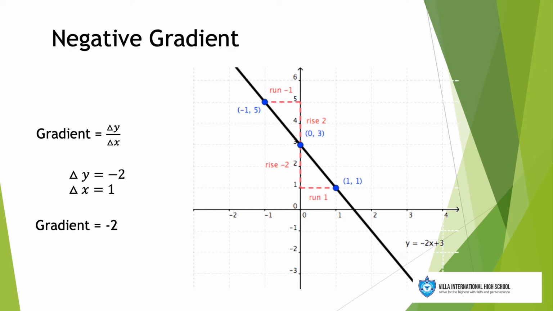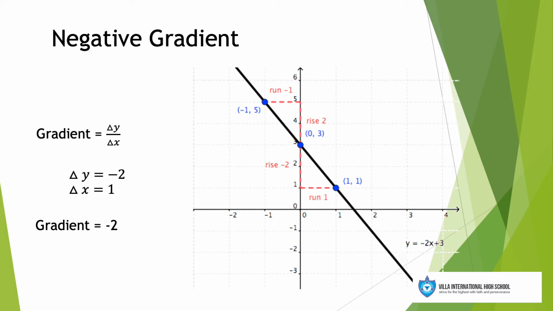The next graph is the negative gradient graph. Looking at the graph, three coordinates are plotted, and we can consider any two points. For example, the first point is 0, 3 and the second is 1, 1. When we calculate the gradient, y2 minus y1, that is delta y, is 1 minus 3, which is equal to minus 2.